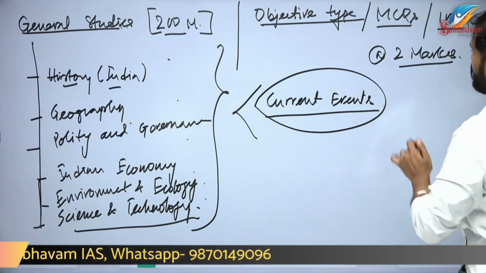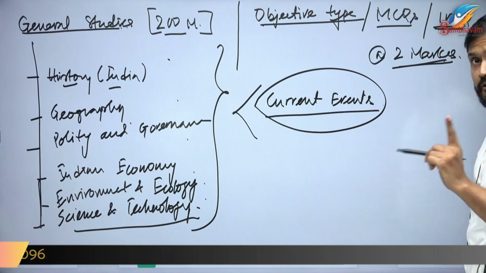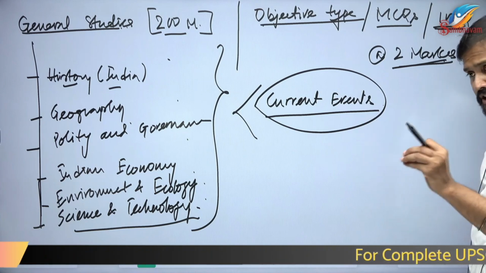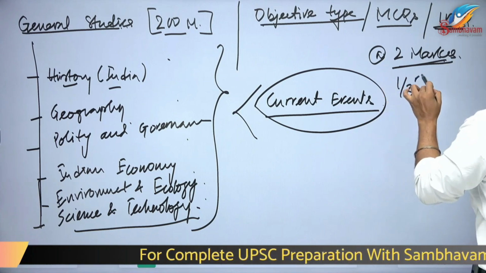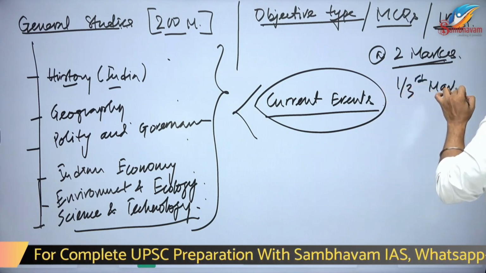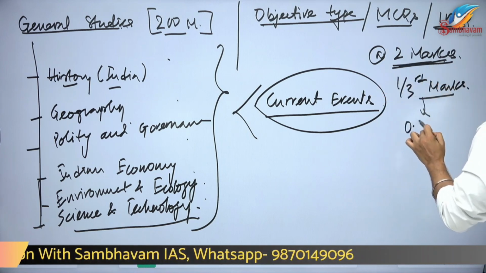Please remember, for every question getting correct you will be awarded 2 marks. For every question you get incorrect you will be penalized, that is 1/3 of the allotted marks, that is 0.66.